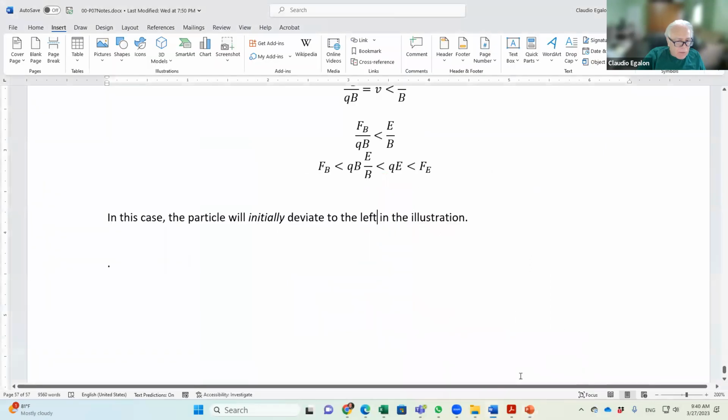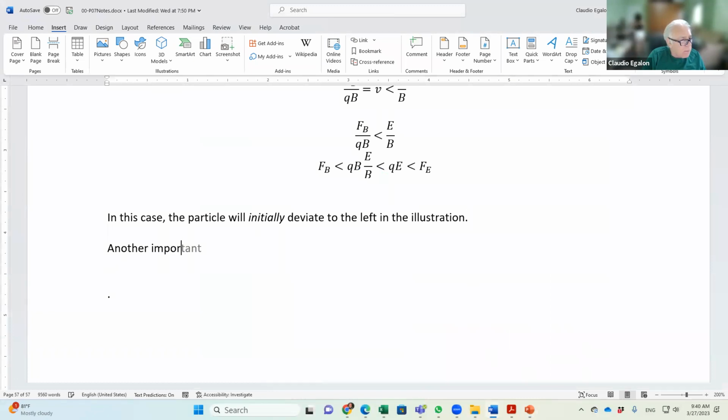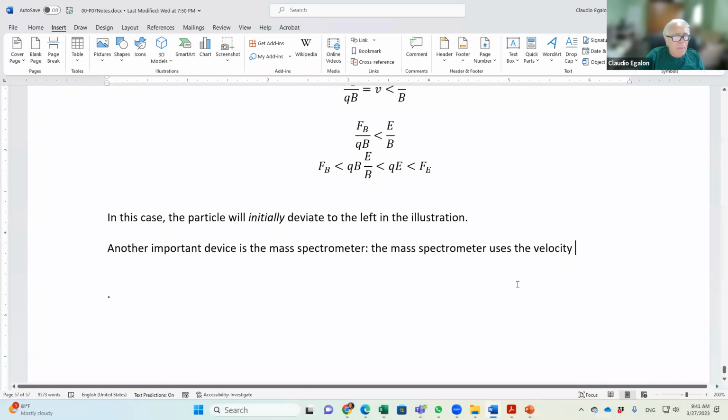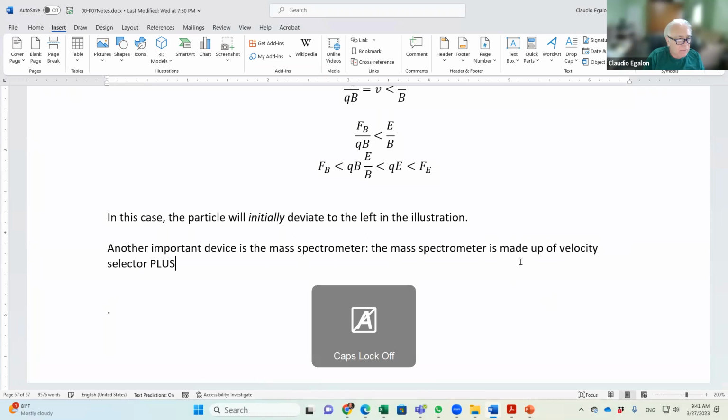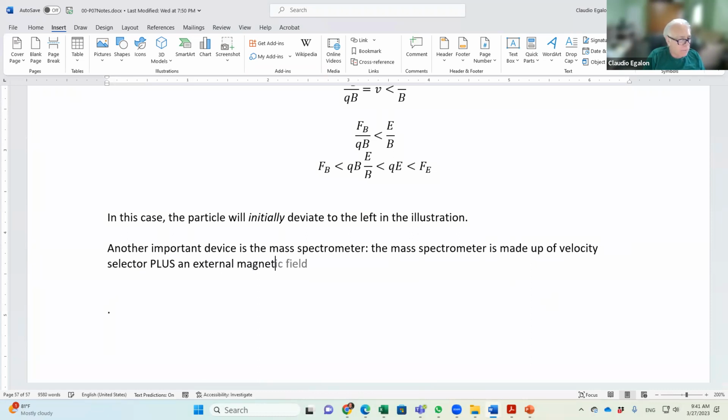The velocity selector is very important in the mass spectrometer. Another important device is the mass spectrometer. The mass spectrometer is made up of a velocity selector plus an external magnetic field.